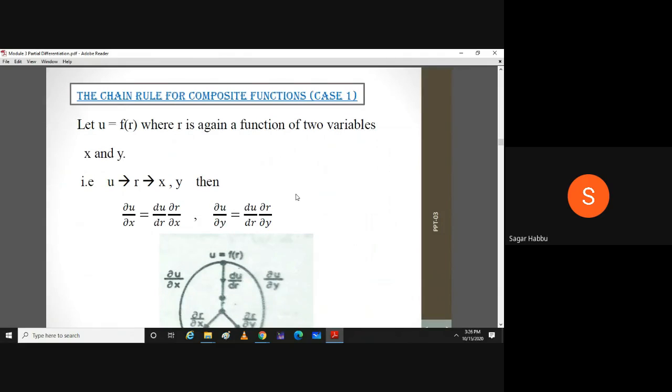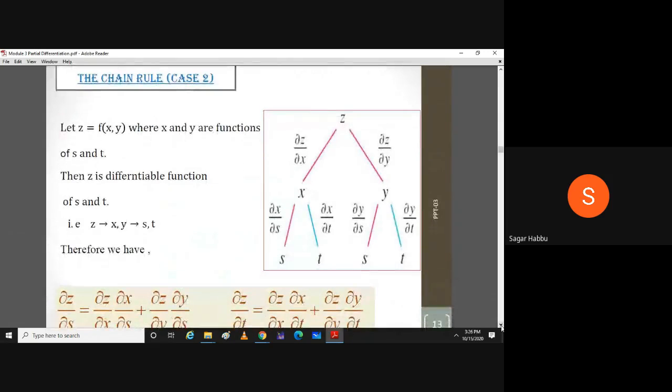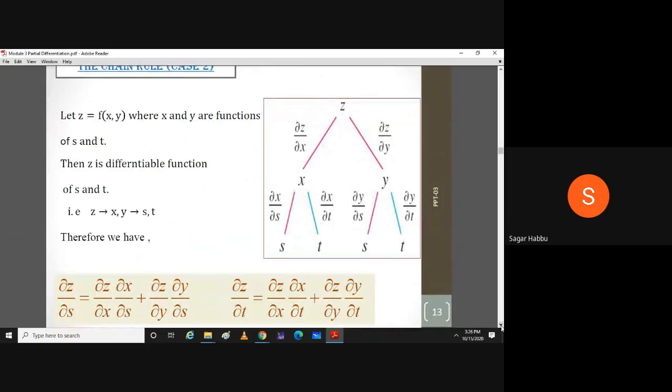Sir, can you show that table, the flow one? Yes. Thank you, sir.